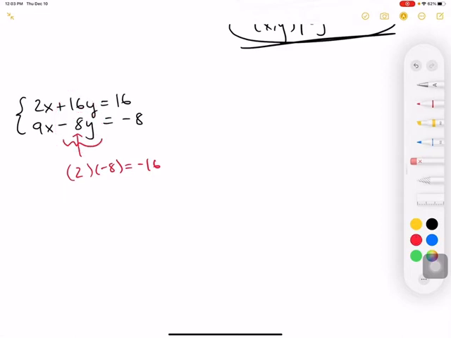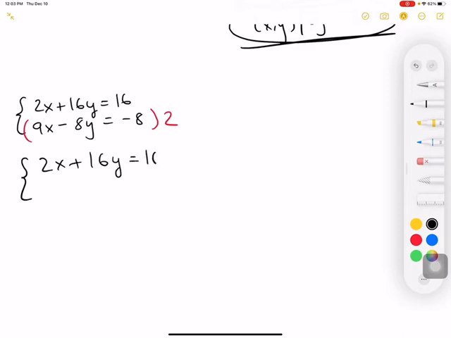So I'm going to multiply times 2, but not only that number. I have to multiply the whole equation times 2. So I'm just going to do this small transformation, multiply times 2 the whole equation. The top equation remains the same. Now I'm going to do the distributive property of this number 2 into the whole equation.